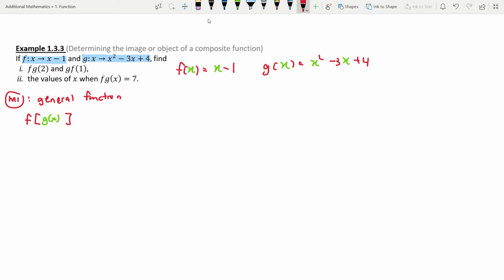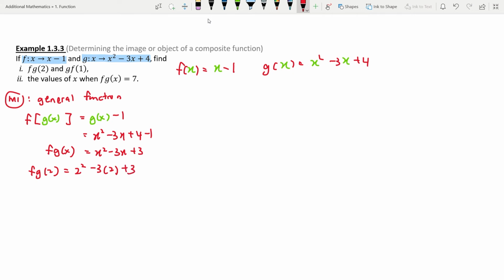Substituting the g(x) into the function f, we have x squared minus 3x plus 4 minus 1, which is x squared minus 3x plus 3. This is our fg(x). To find fg(2), we just change the x into 2. We get 2 squared minus 3 times 2 plus 3. 4 minus 6 plus 3, 1.